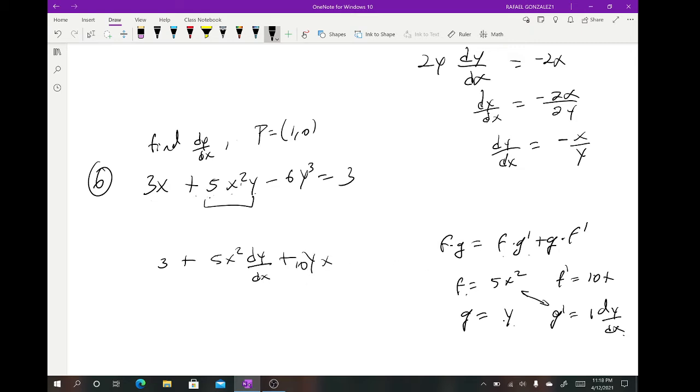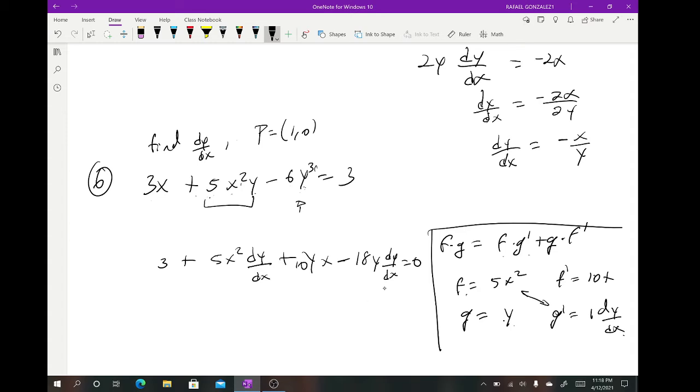So I'm simply going to write 10yx, and I'm going to change it up a little bit later. And then minus, again going back to the formula up here, the derivative of 6y cubed, 3 times 6 is 18, so we have negative 18y dy/dx is equal to 0. Let me just write this.